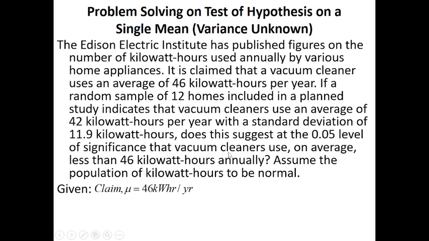So in that case, a random sample of 12 homes is considered. Therefore n is equal to 12. And considering those 12 homes with vacuum cleaners, the average is 42 kilowatt hours per year.